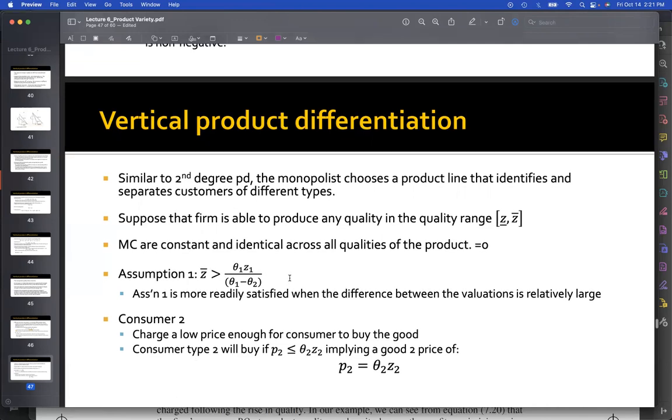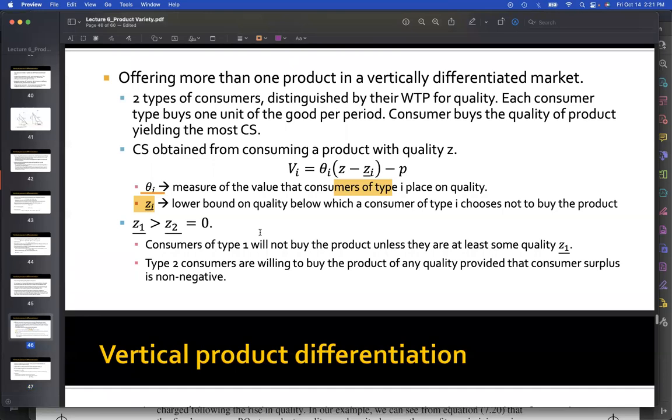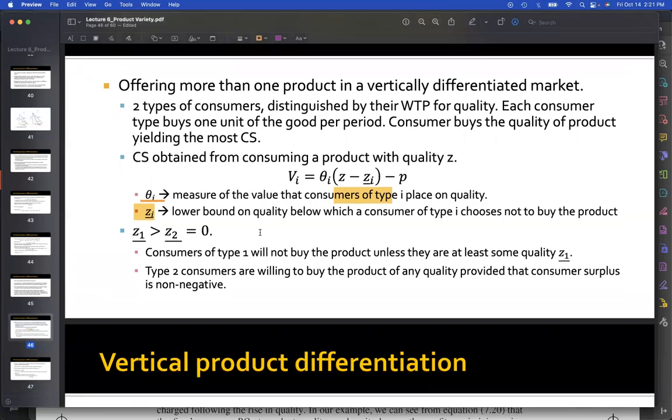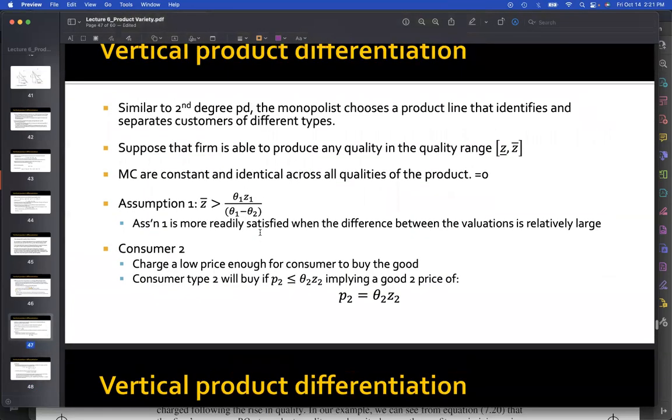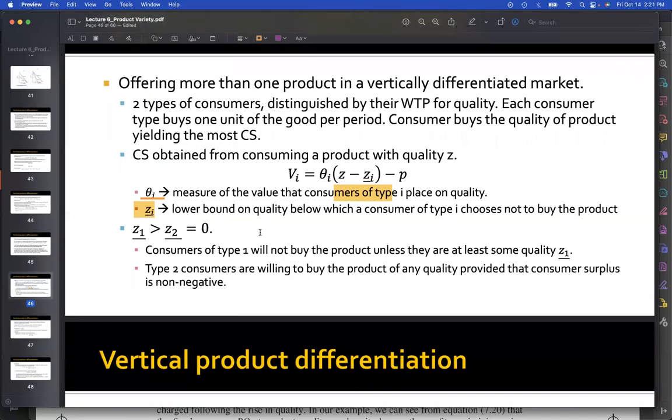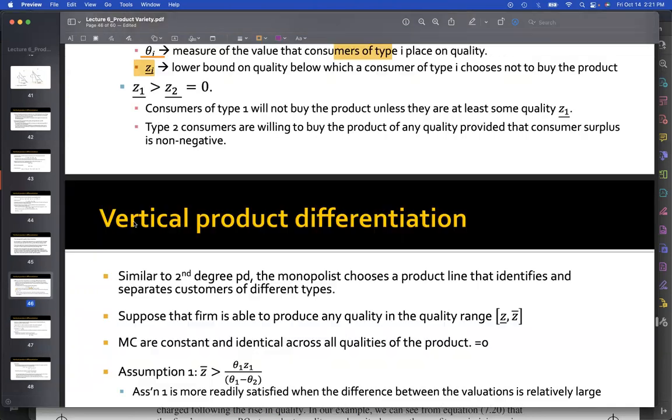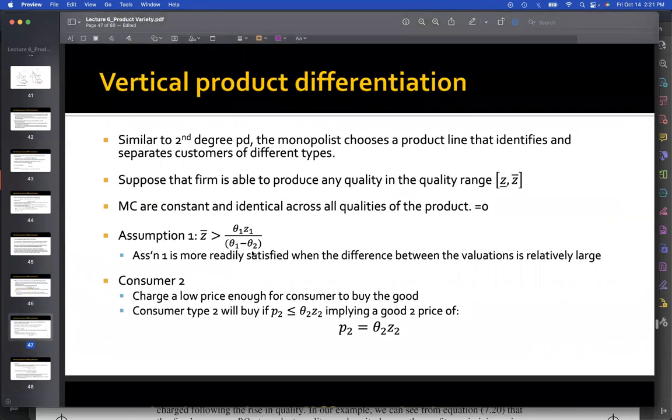Now, just to be clear, I don't know if it's clear here. Has it been stated? Not yet. Oh, it hasn't. Okay. It should be clear that theta 1 is greater than theta 2. So theta 1 here is greater than theta 2. So the willingness to pay by group 1 has to be greater than the willingness to pay for quality for group 2.